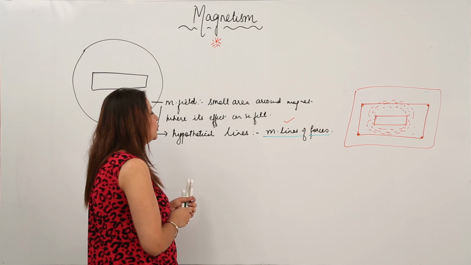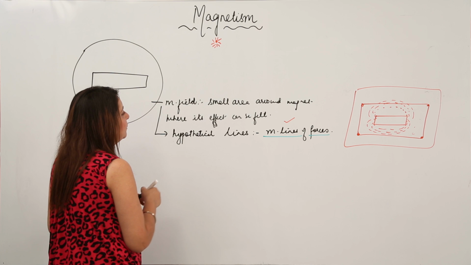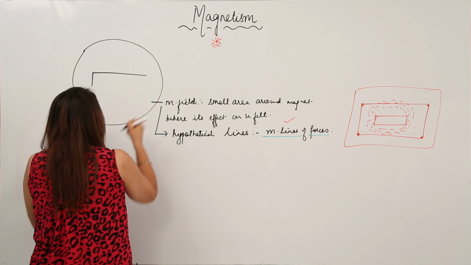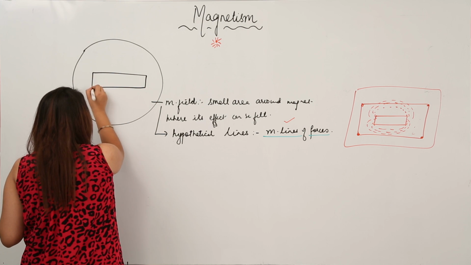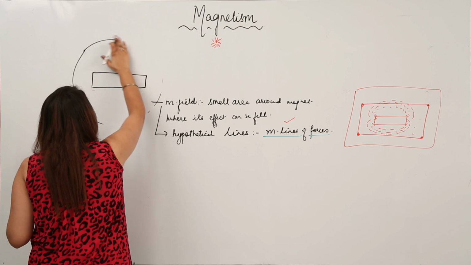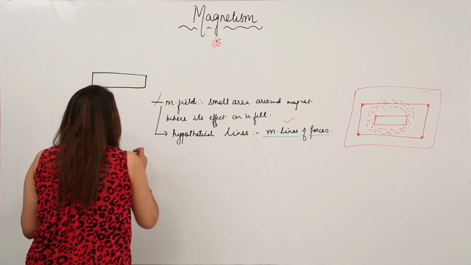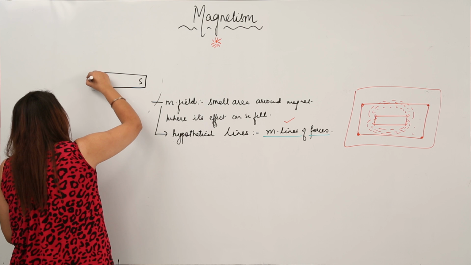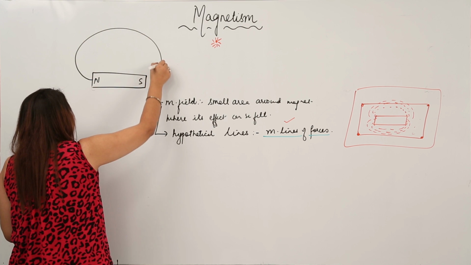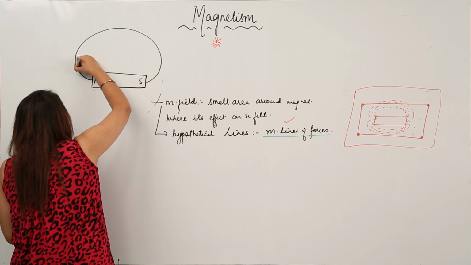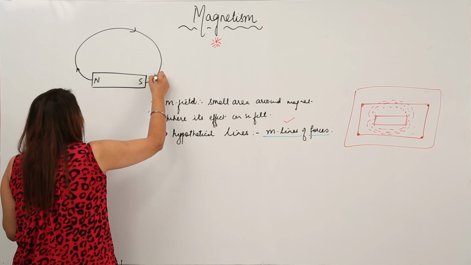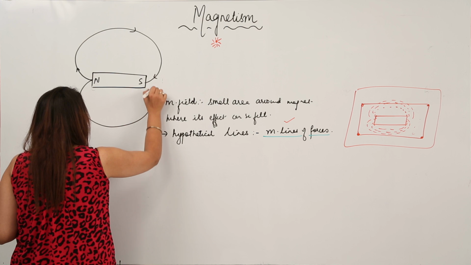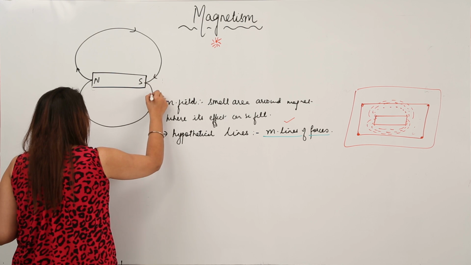If somebody asks you to draw the magnetic lines for the magnetic field, how are you going to draw them? See, the bar magnet is like this. Suppose this is the North Pole and this is the South Pole. The lines will start from the North Pole and terminate at the South Pole. Similarly, below it also, they start from north and terminate at south.